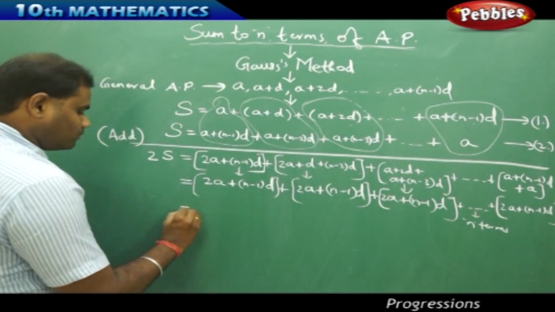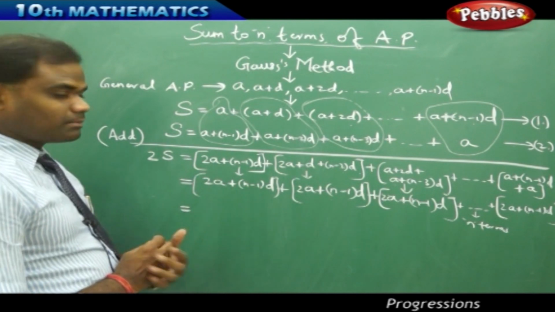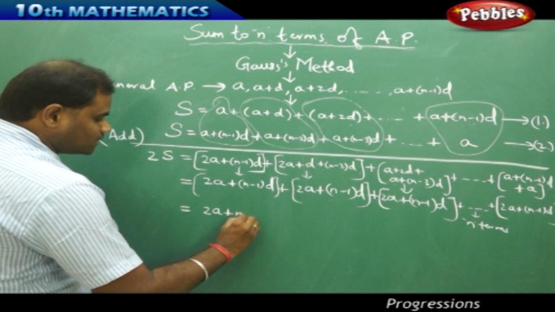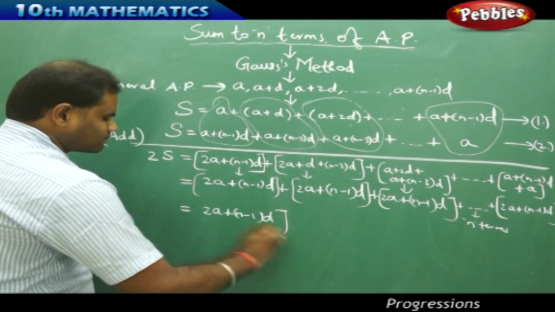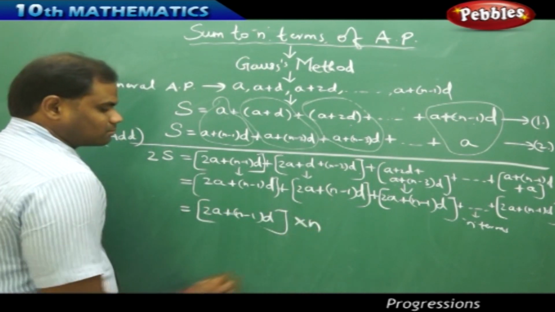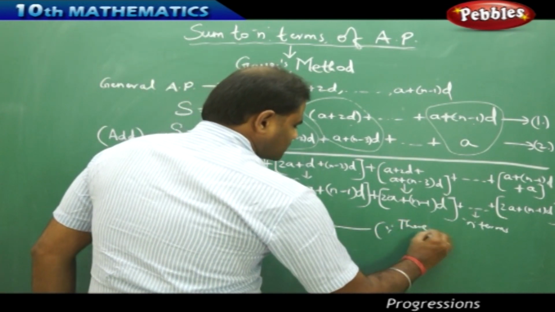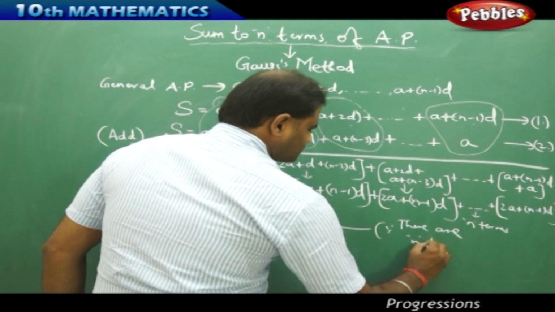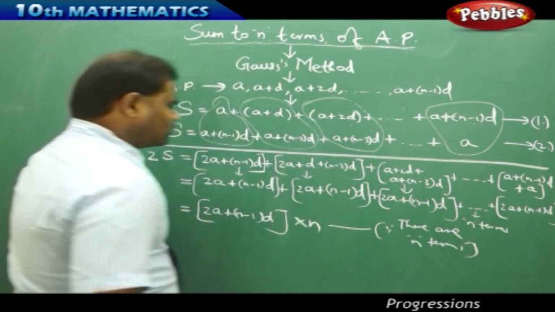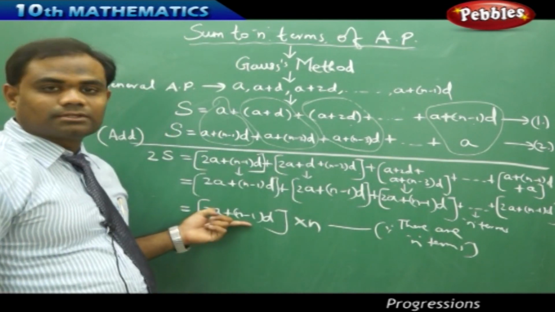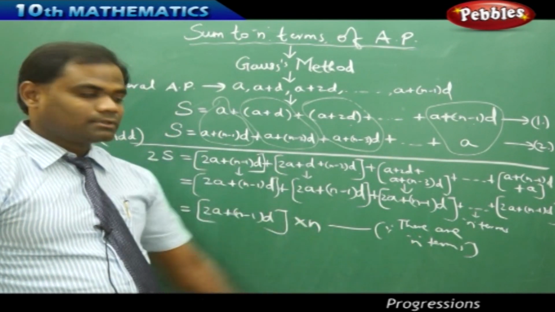Therefore, when I add the common term 2a plus n minus 1 into d, n times, I get n times 2a plus n minus 1 into d, since there are n terms.